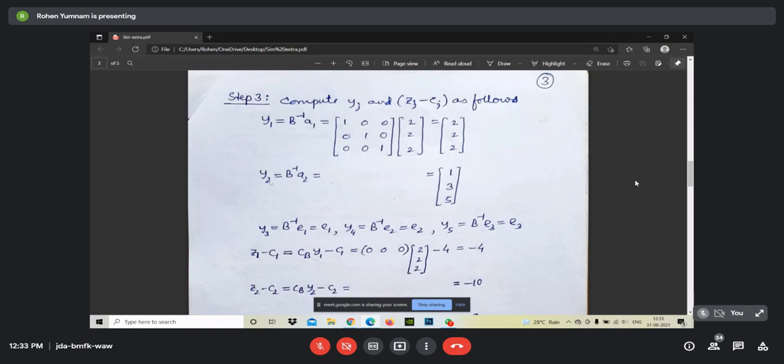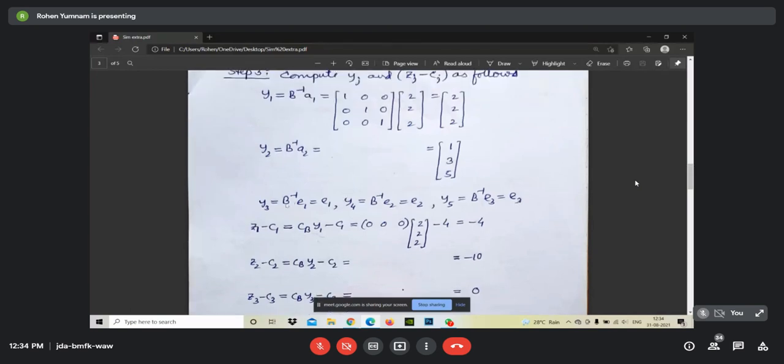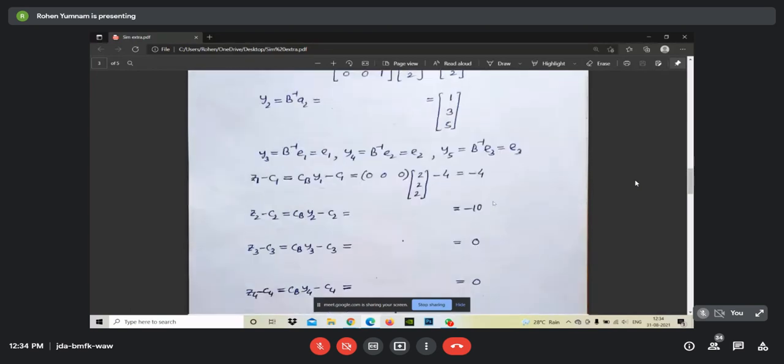Regarding this Y1, Y2, Y3 calculation, it is very simple. Multiplying this by it, Y1 becomes like this, Y2 becomes this. The same vector you will have. Regarding that, Y3 becomes e1. Y3 we are denoting by e1. Why is it so? It is according to this. Y4 also this, Y5 also e3. Accordingly, if you calculate this, definitely you will get that.